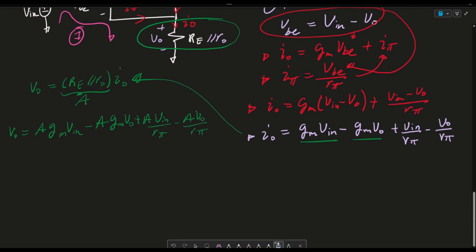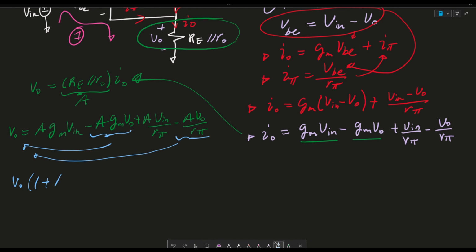If I then move my VO terms, this term and this term, to the right hand side, I get VO times (1 plus AGM plus A over R pi) is equal to Vin times (A times GM plus A over R pi).